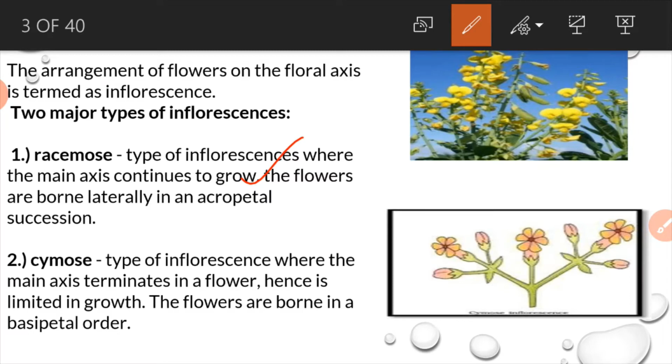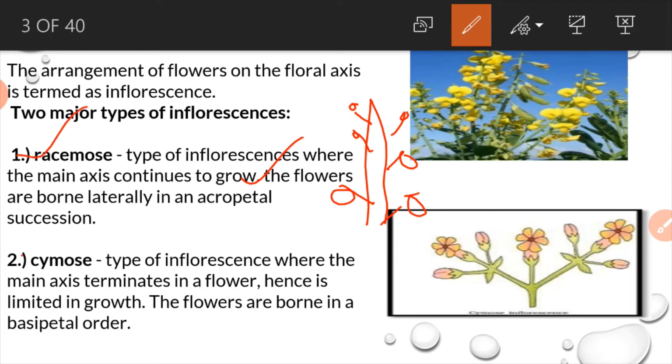That means the older flowers are at the base and the younger flowers are on the top. So here the peduncle grows indefinitely and this type of growth is called acropetal growth. For example, in Crotalaria, they show racemose type of inflorescence.